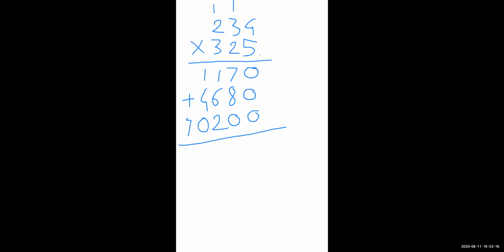do addition of all the subproducts. Okay, do addition now. 0 plus 0 plus 0, that is 0. Okay, then 8 plus 0, 8. 8 plus 7, that is 15. 15's 5. Yes, 1 goes to carry. 6 plus 2, 8. 8 plus 1, 9. 9 plus 1, 10. 10's 0. 1 goes to carry. Okay, then 4 plus 1, 5. 5 plus 1, 6. 6 plus 0, 6.